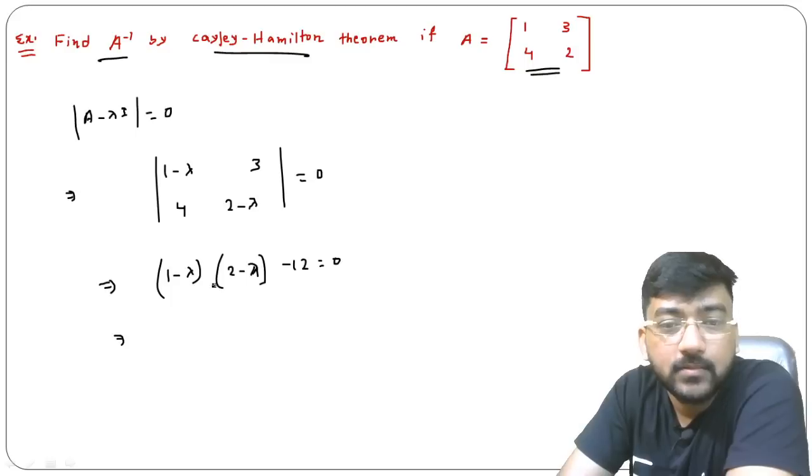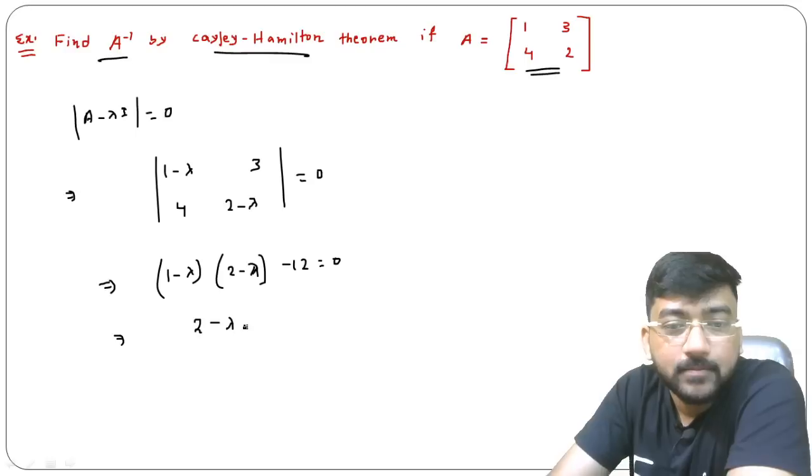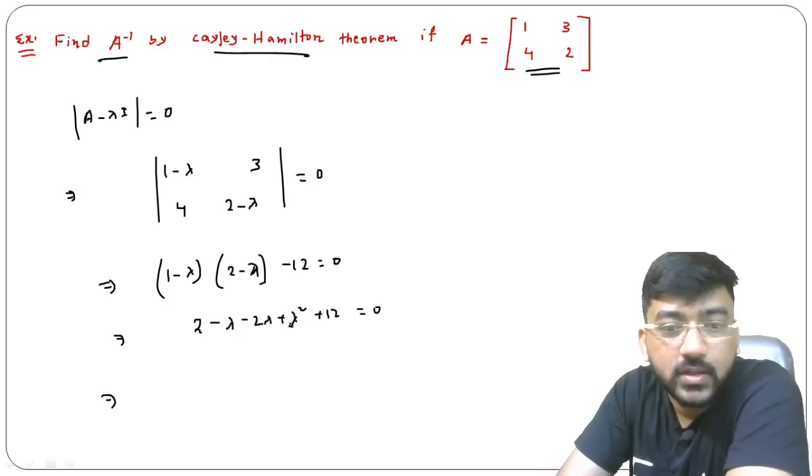So that is what you can write over here, that is 2 - λ - 2λ + λ² + 12 = 0. So that is nothing but λ² - 3λ + 14 = 0.